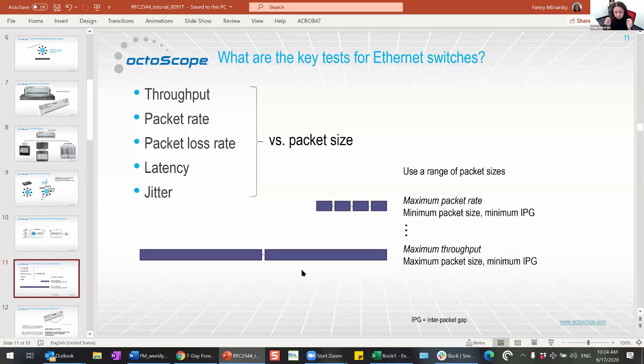Then at that offered load, and Steve will explain what that means, that's basically the rate at which we send these small packets to the router, it should be able to keep up with 0 packet loss rate. That's kind of my answer. I don't know whether the standards have pass-fail guidance. I don't believe so, but we can leave that.